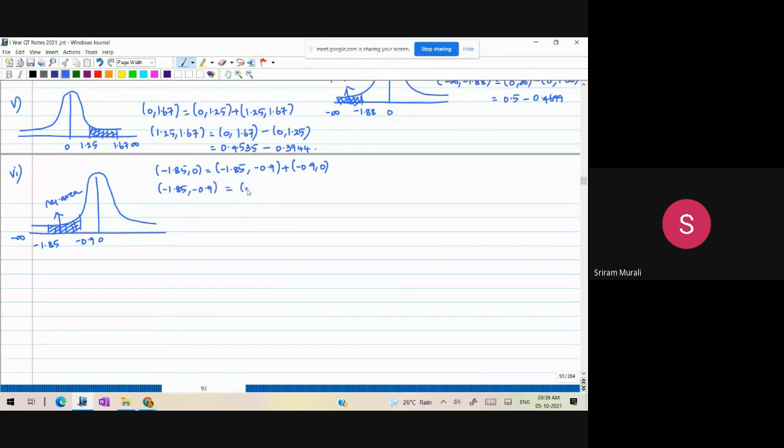If I change the direction, the sign changes. So what is the value which is given?